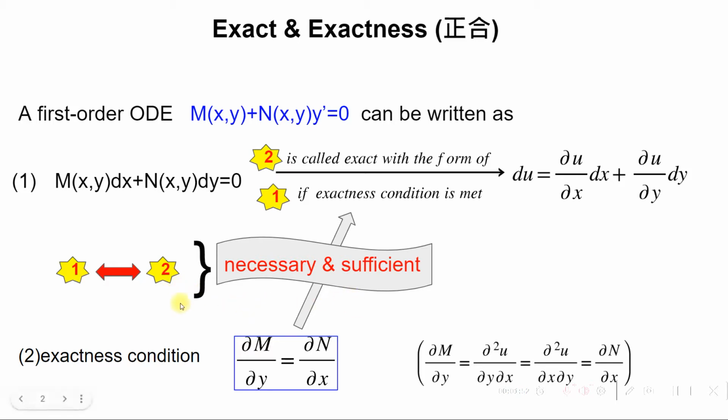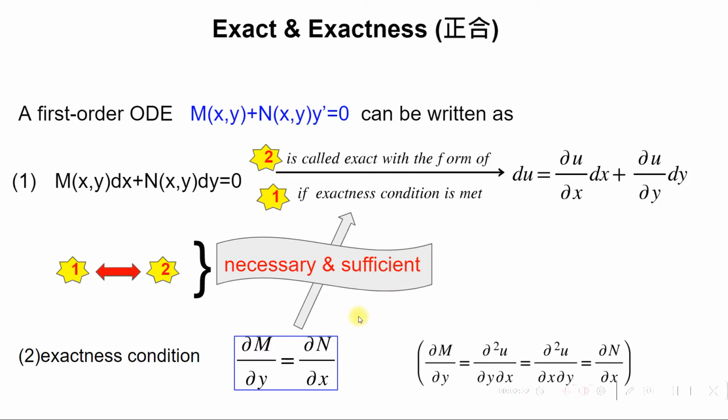Unfortunately, we cannot prove the exactness condition being necessary and sufficient for the exactness of the ODE for now, until we go to chapter 10, which is about path dependence of line integrals. So we will take this exactness condition being necessary and sufficient for the exactness of the ODE as prior knowledge.